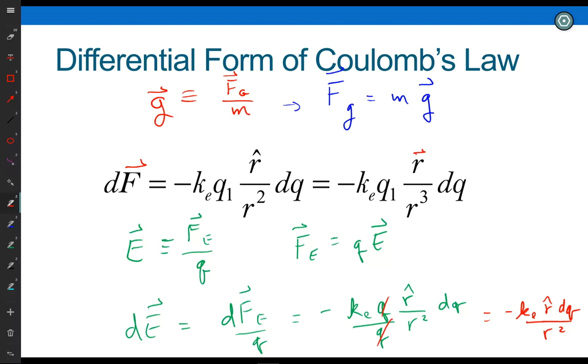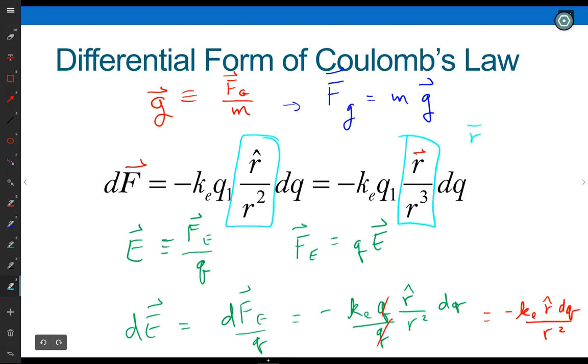All right, so what do we have here? We have an equation to calculate the force or the electric field once we integrate it up. I should make sure, I know I mentioned this in passing, make sure you recognize that these are exactly the same thing.